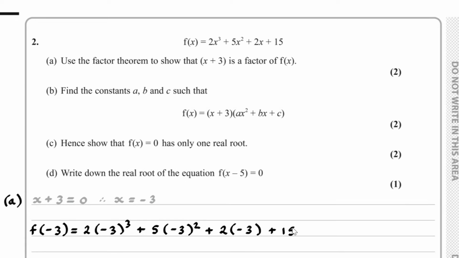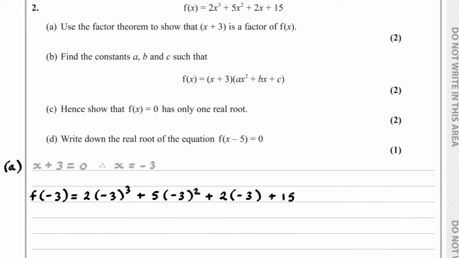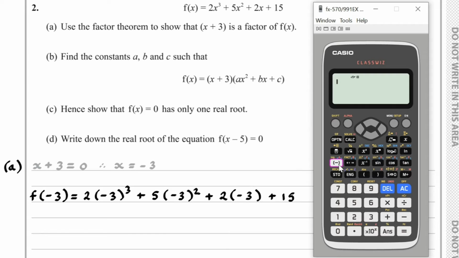plus 15. And if we work this out, well, if I have negative 3, and then if I cube this result and multiply it by 2, and then add on 5 times negative 3 squared, and then add on 2 times negative 3, and then add on 15, it turns out we get 0.